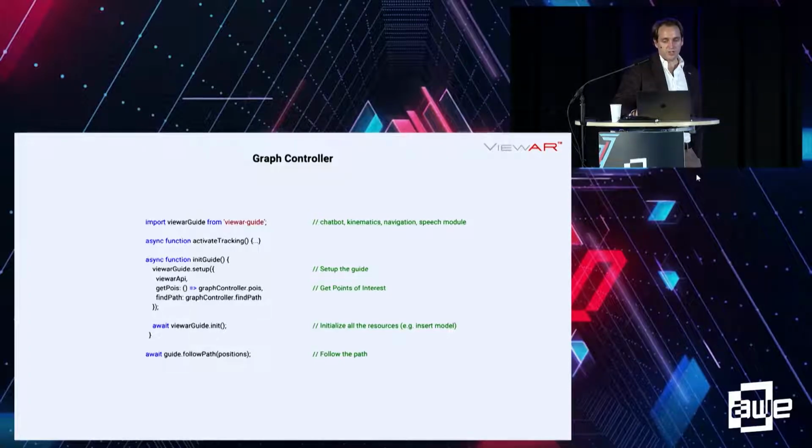what we provide there are methods like find path between two paths, and then you can trigger a method called follow path with positions, and then the robot will interact automatically. It will wait for the user.